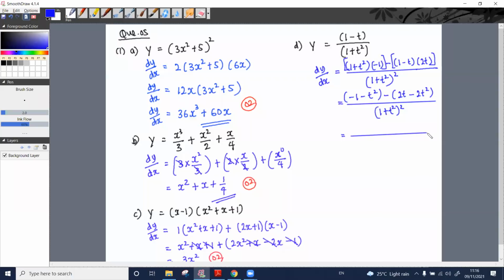Numerator we can further simplify. Right, I will remove this bracket. Then it will be minus 1 minus t squared minus 2t plus 2t squared over 1 plus t squared the whole to the power 2.